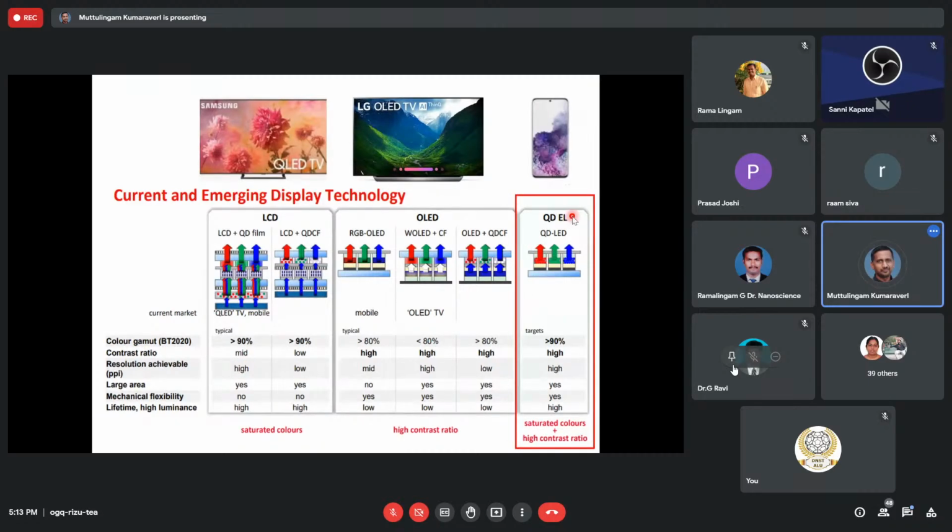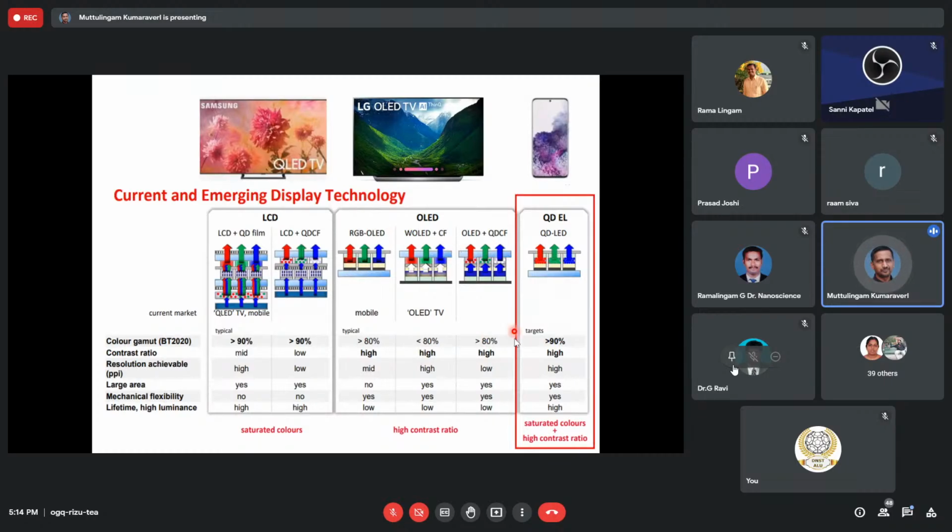But if we use quantum dot electroluminescence, with the quantum dots themselves emitting, then we can achieve greater than 90%. So that's a large area. It is possible because we are just using the filter for this, but OLED itself we can't use, because it is not possible to make it very big; we can't evaporate onto a big substrate. So it is not possible to make a large area using OLED technology itself.